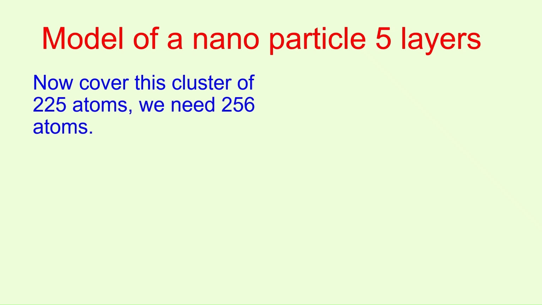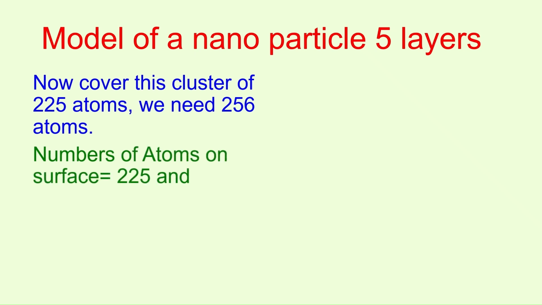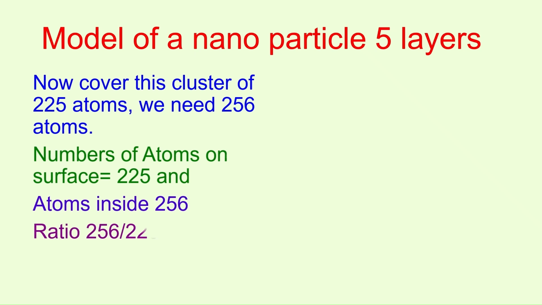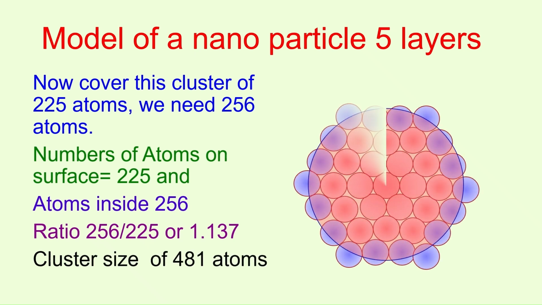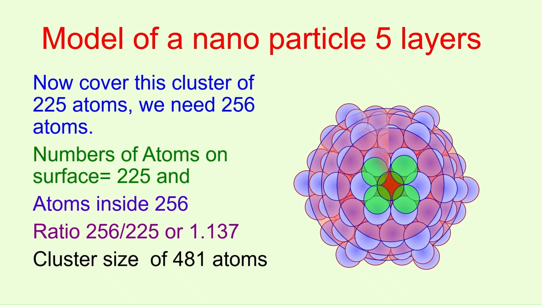Now to cover this cluster of 225 atoms, we need 256 atoms. Number of atoms on surface equals 256, and atoms inside 225. Ratio 256 is to 225 or 1.137.